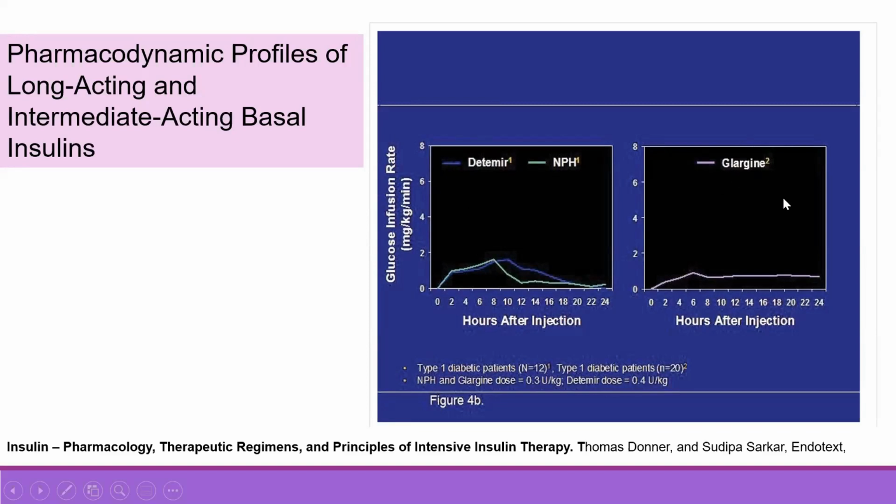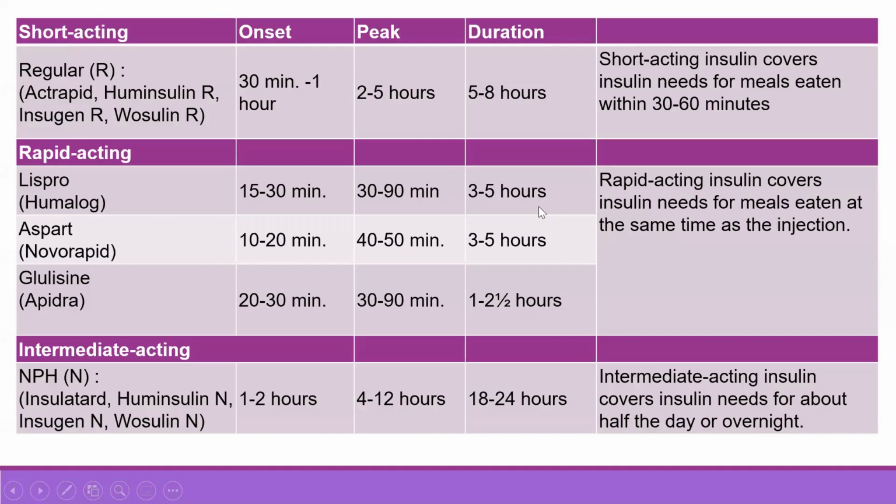On the other hand, glargine, which is the gold standard of basal insulin therapy, has a very flat profile, and its duration of action is almost 24 hours. So if you ask me, among these three insulins, I consider glargine the best compared to NPH and detemir.